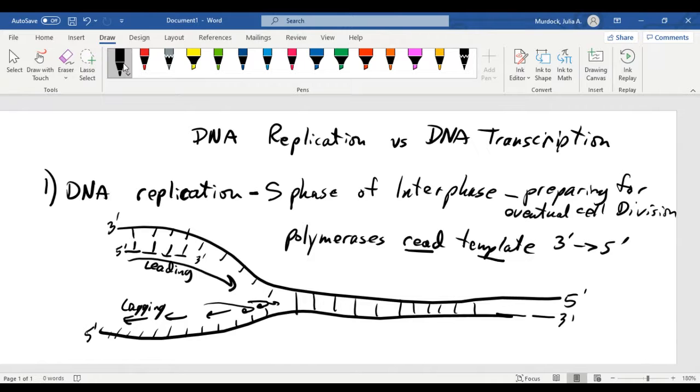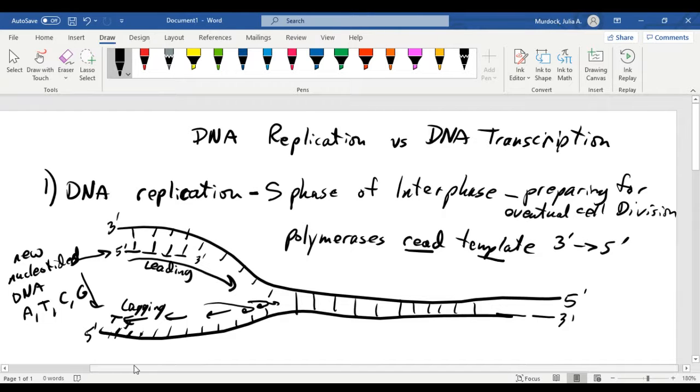And in both cases, the new individual nucleotides, both here and here, are DNA nucleotides, meaning that they would have A's and T's and C's and G's meeting up with whatever is here and here and here, right? Okay. All right. So hopefully that reviews that a little bit.